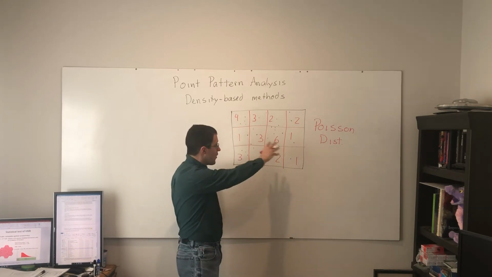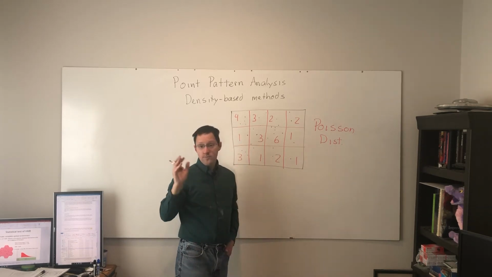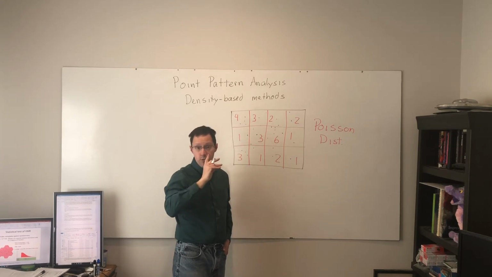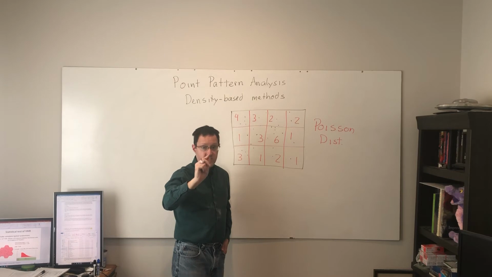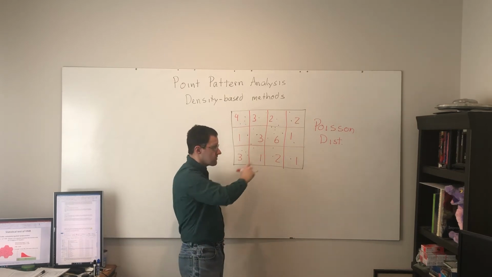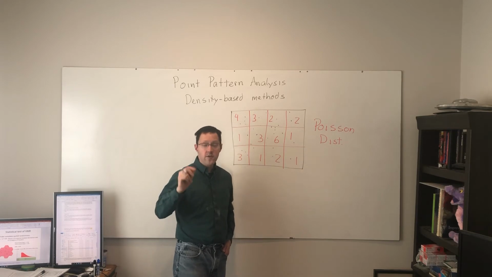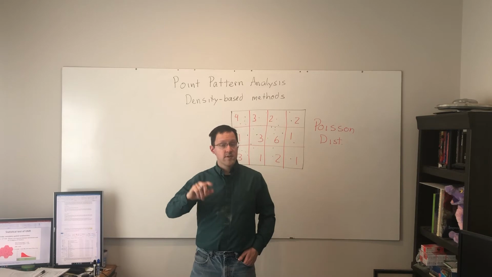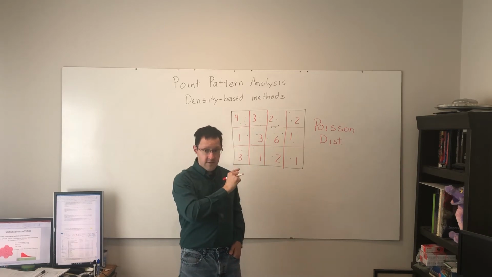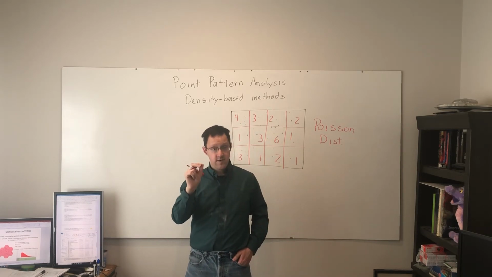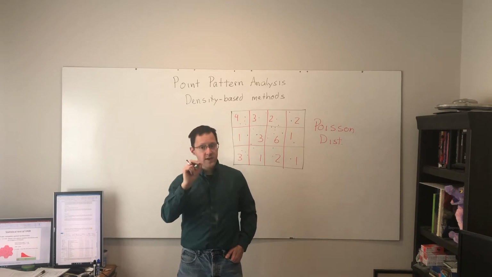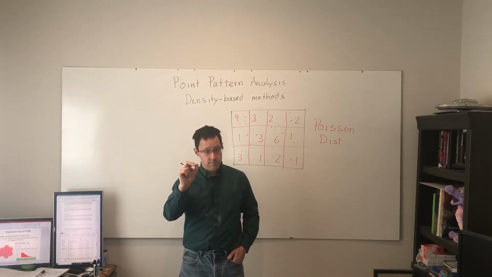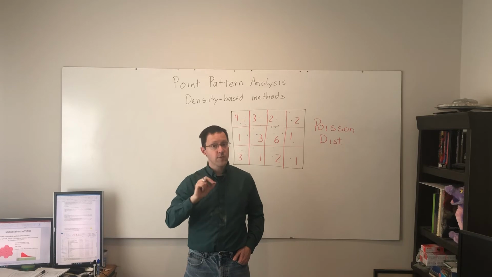So, knowing that these will be based upon this Poisson distribution, the first approach uses a particularly curious fact about the Poisson distribution, which is that the variance of the data and the mean of the data are the same if it is under complete spatial randomness.